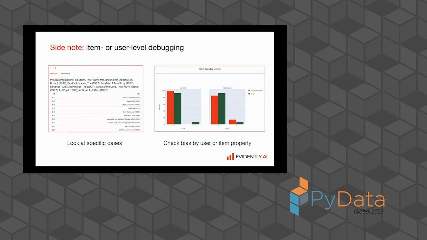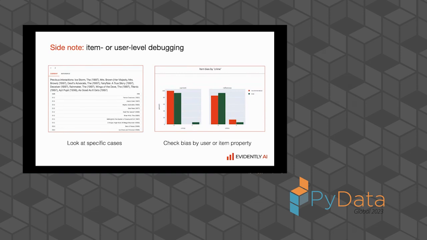Let's say reference is recommendations from yesterday, and current is recommendations from today. So during the training period, we saw that we had 10% of recommendations where the genre was equal to crime. So we have crime equal to 1 on the x-axis. And in 90% of cases, we did not recommend a movie with the genre equal to crime, right? So in 90%, it's not crime.